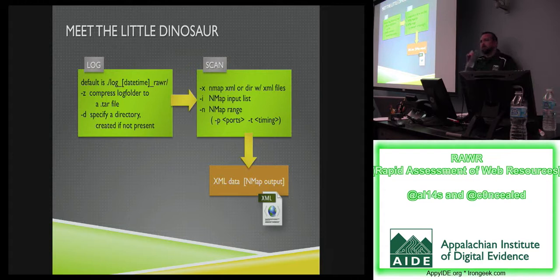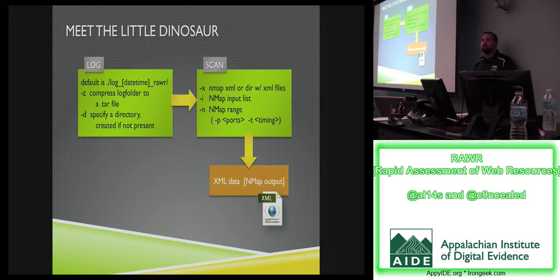So back to what I was talking about. First, you have to figure out how you want to log this, how you want it to come out. The default, of course, is log_datetime_RAWR. You can throw a -z on there. It'll compress it into a tar file. -d, different directory, just a couple options there. This is actually out of date, but we can take the XML from an Nmap scan.